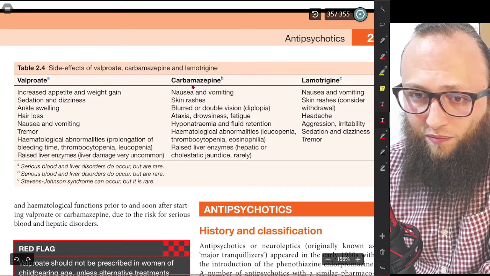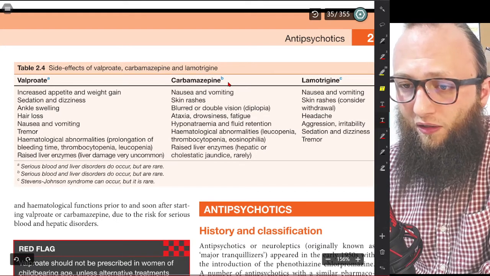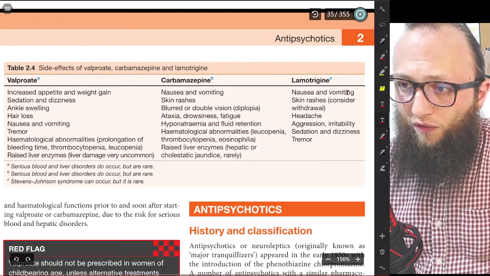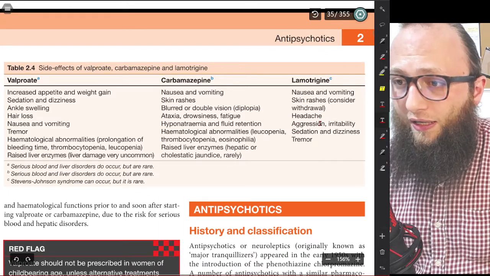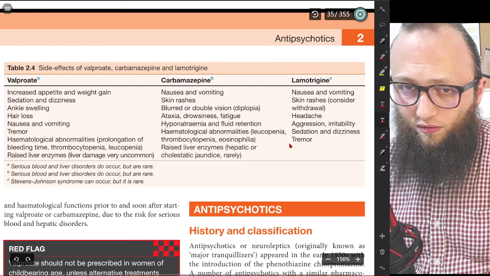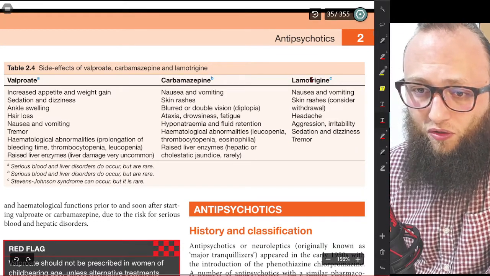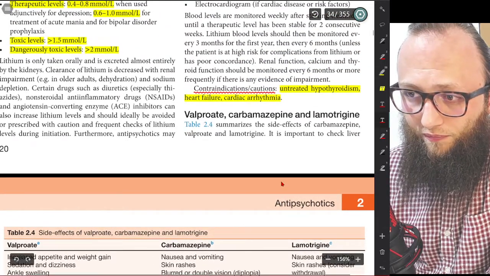And for carbamazepine, also serious blood and liver disorders do occur but are rare. For lamotrigine, nausea and vomiting, skin rashes, consider withdrawal, headache, aggression, irritability, sedation and dizziness, and tremor. And for lamotrigine, Stevens-Johnson syndrome can occur but it is rare.